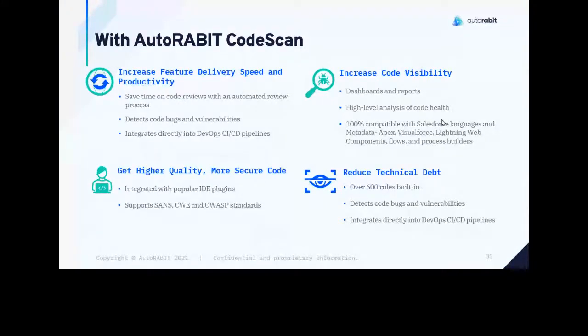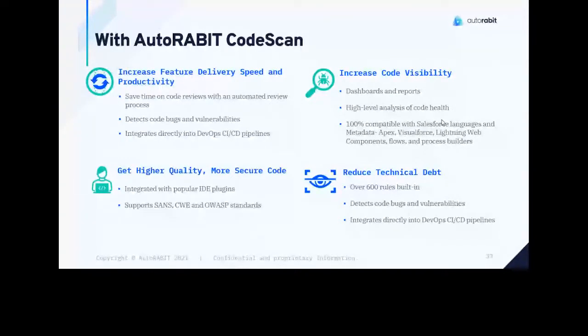It's 100% compatible with Salesforce languages and metadata: Apex, Visualforce, Lightning Web Components, flows, process builders, all of them. You can get higher and more secure code quality because it follows different standards, like SANS, CWE, and OWASP. If you haven't heard about these standards, they are there to bring down vulnerability in the code in terms of the number of bugs.